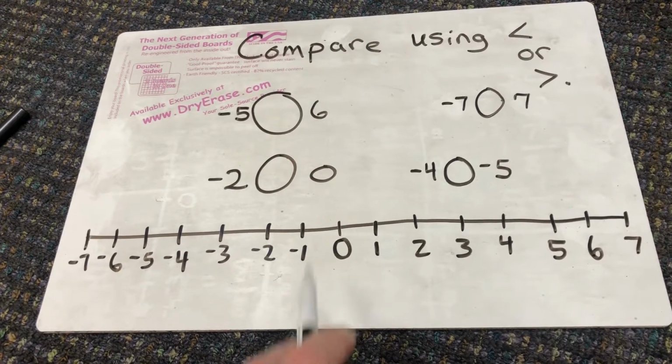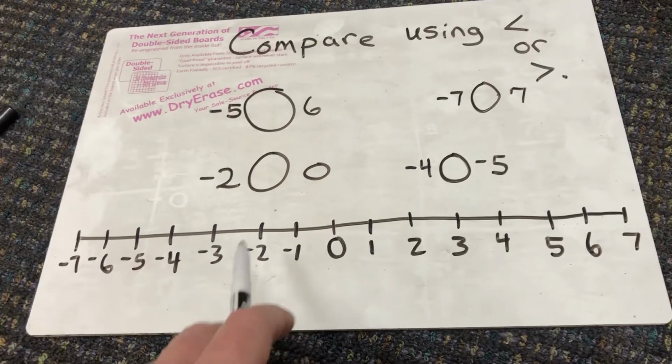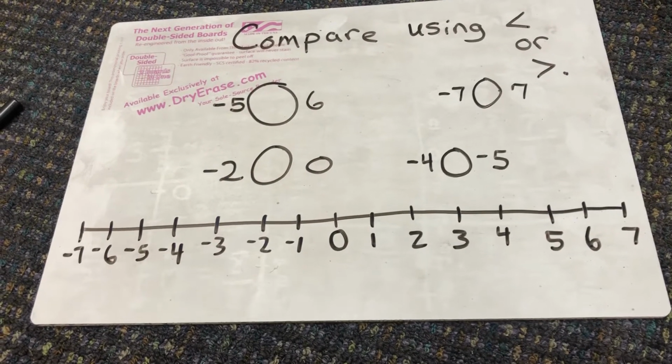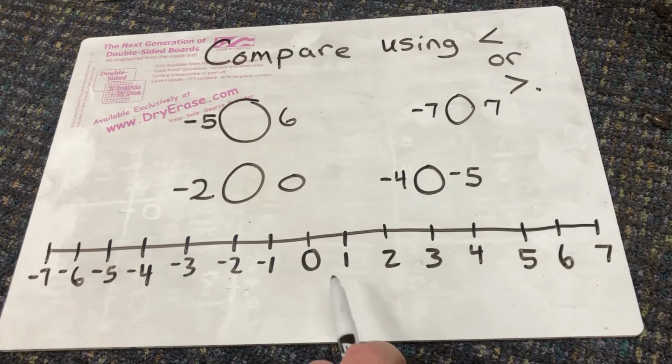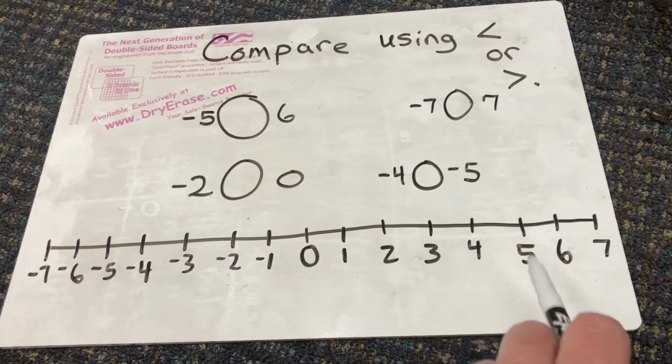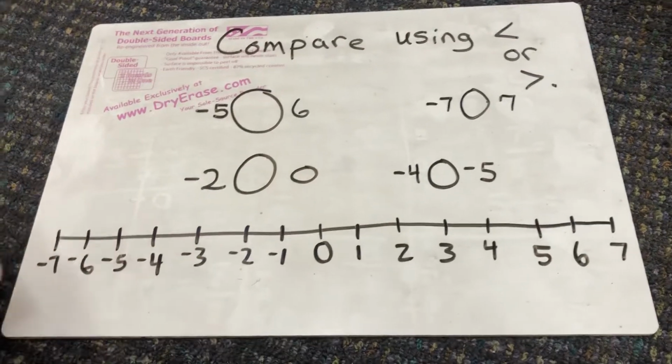Because if they only took 1, you would have more candy left over in the bowl than if they had taken 3. That's kind of the idea behind negative numbers. Now, positive numbers, 1, 2, 3, 4, 5, 6, 7, that's pretty self-explanatory.